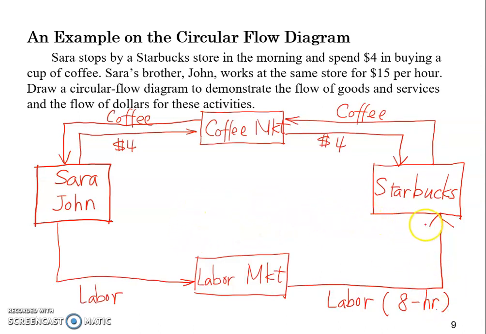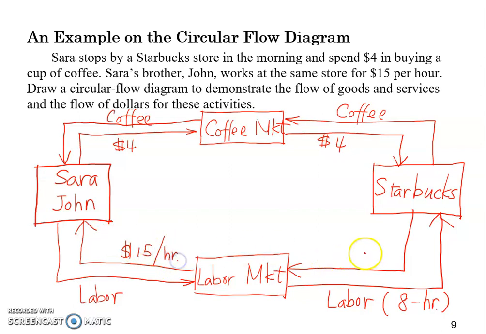And in return, John receives $15 per hour from Starbucks. So the cash flow goes from Starbucks to John's pocket. Here we're supposed to write $15 per hour, and the same here, $15 per hour.